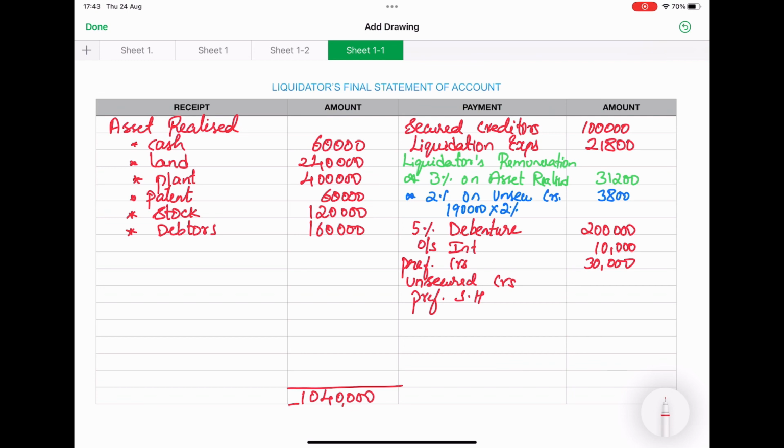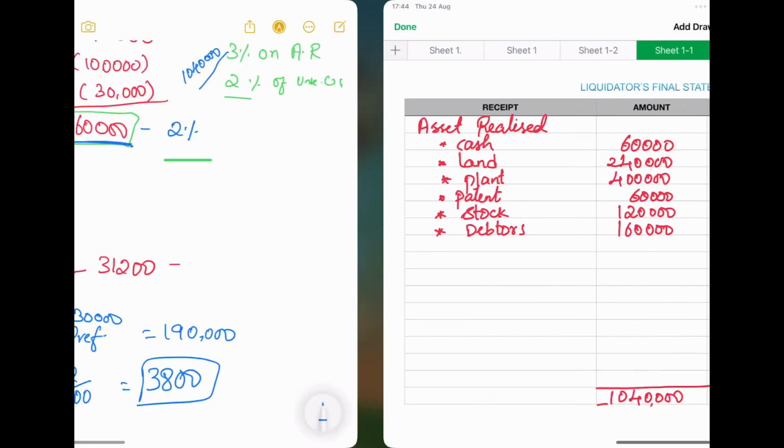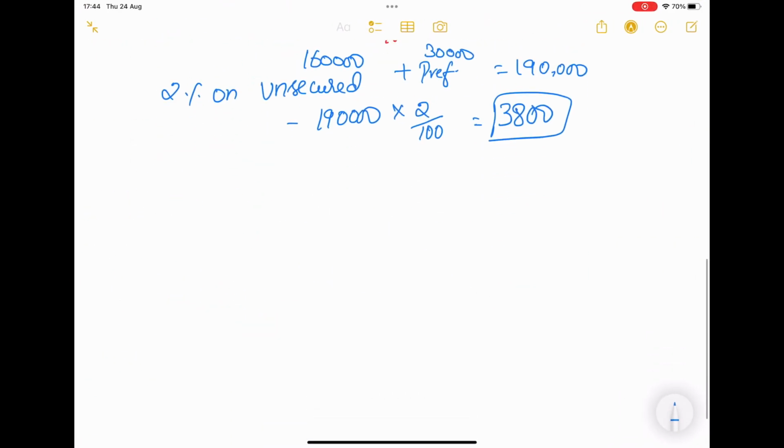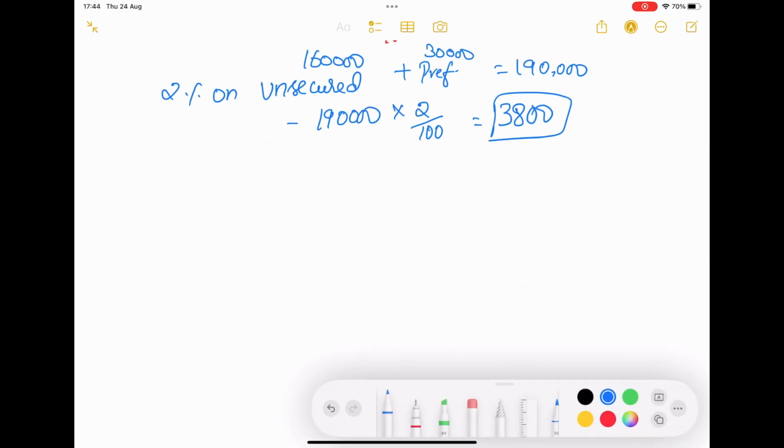So preference share capital is 4 lakh, and dividend also we are going to pay. How are we going to pay the dividend?